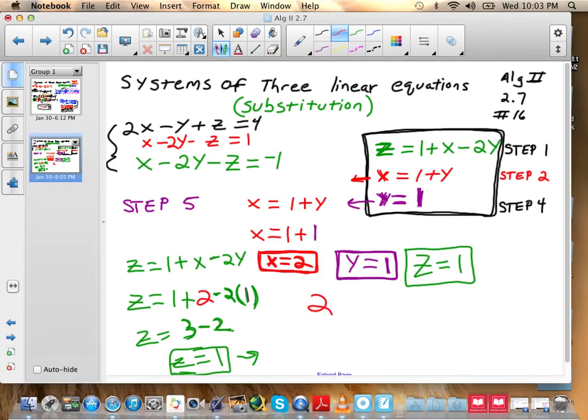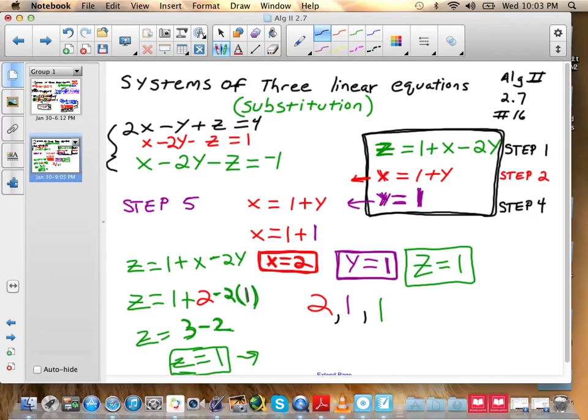So the solution is 2, 1, 1. And that concludes systems of three linear equations.